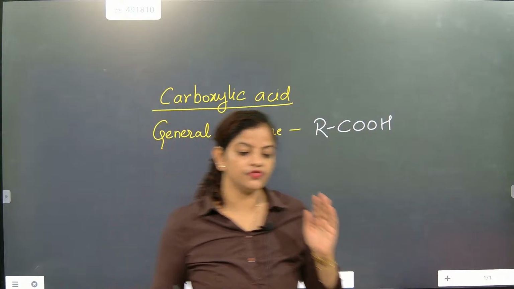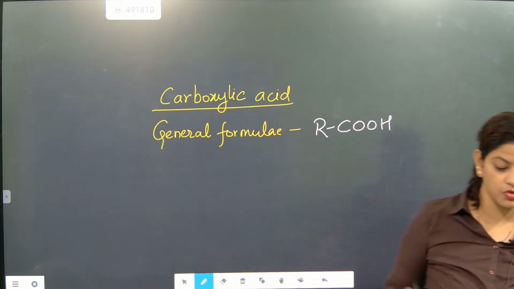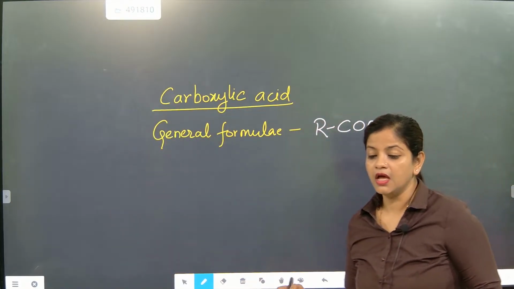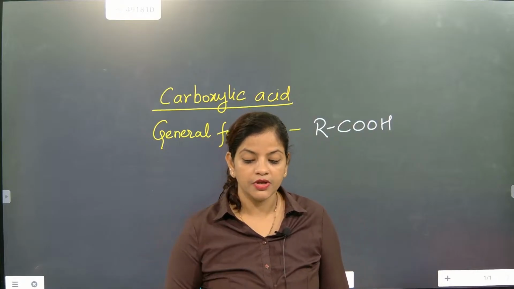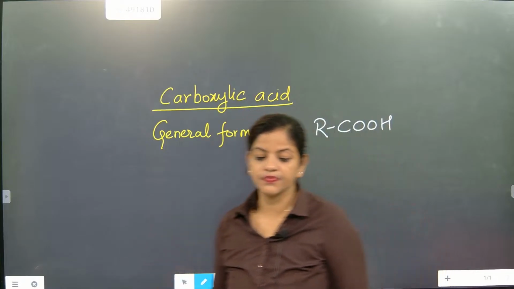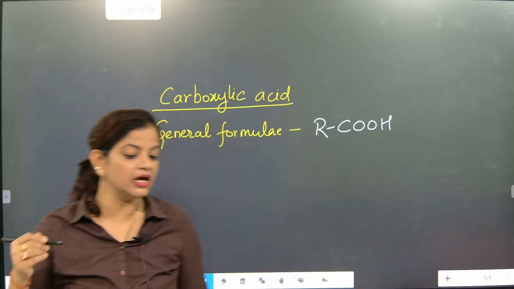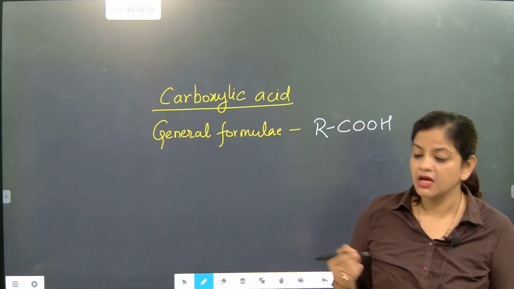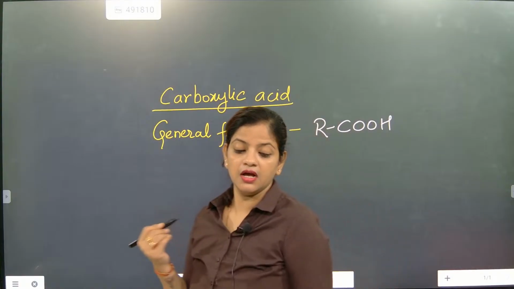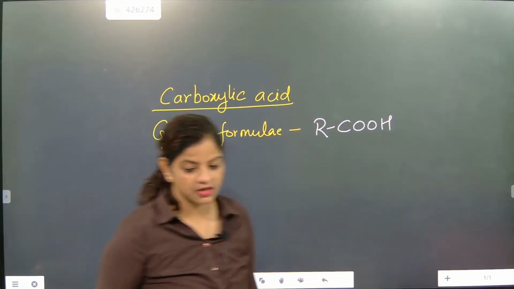So here RCOOH will be there. In a simple way, what is your R? Your R can be any alkyl or aryl group. Alkyl means a long straight chain. Aryl means rings. Understood?